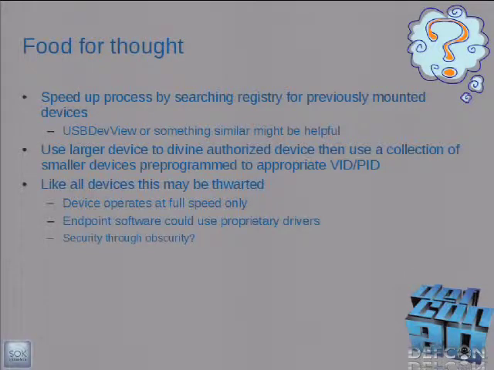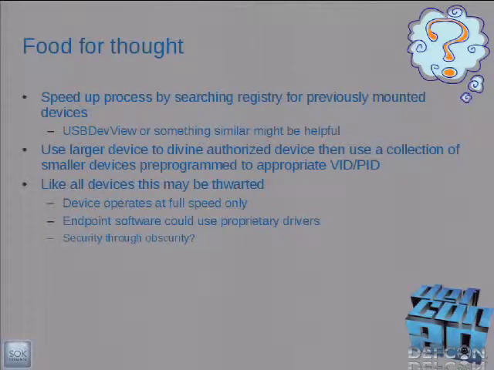We could use the larger device here to divine the VID-PID and then possibly pre-program a bunch of smaller devices, if we're going to go en masse and attempt to do something, say at an organization, and we knew what was authorized. Like everything else, you can thwart this device.